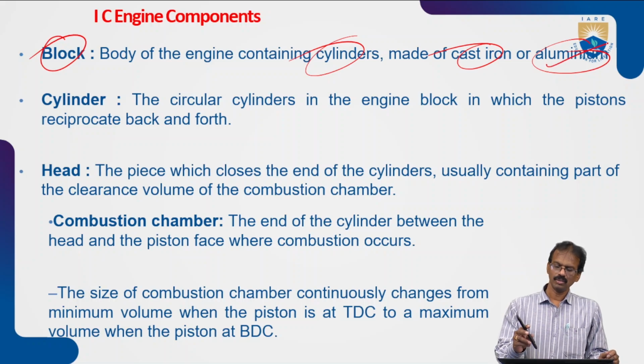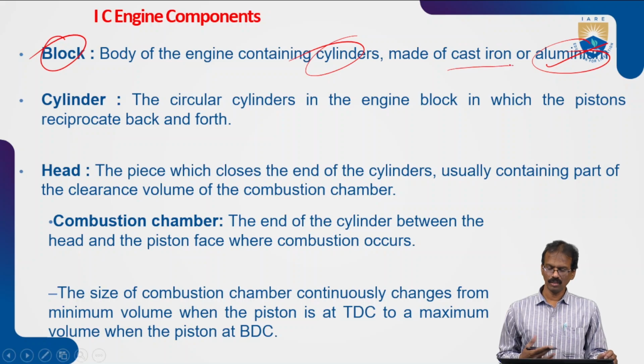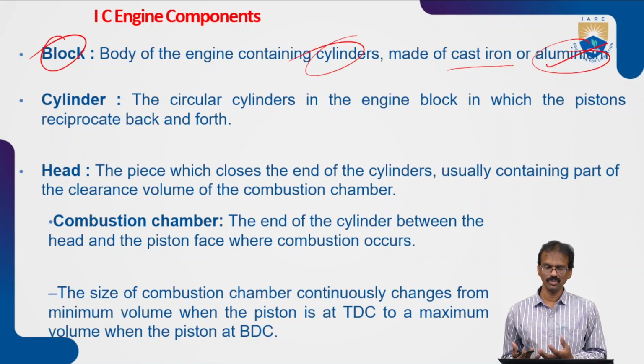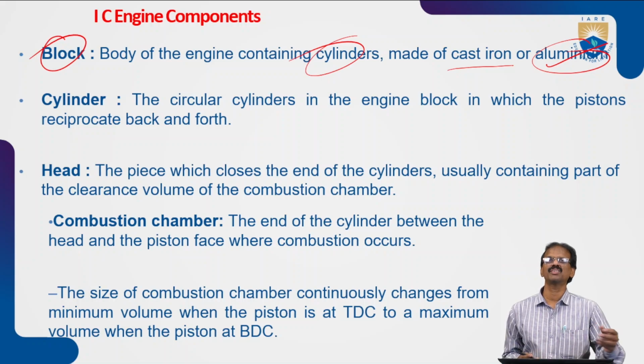So compared to cast iron, aluminum is preferable nowadays mainly because of weight. If we reduce the weight, the vehicle weight will automatically be reduced, and pollution will automatically be reduced.